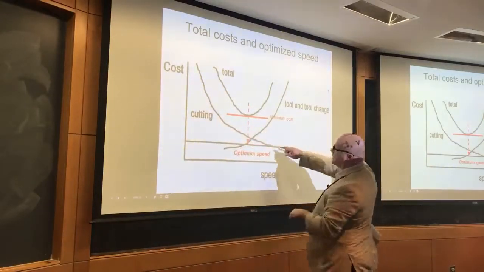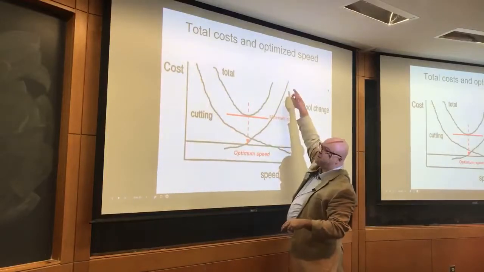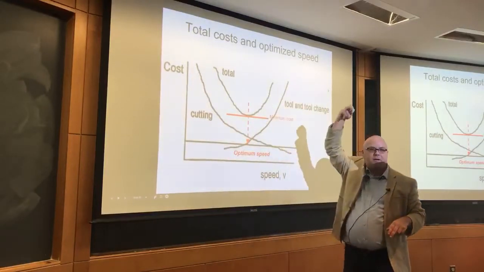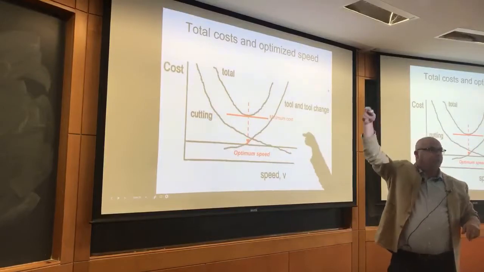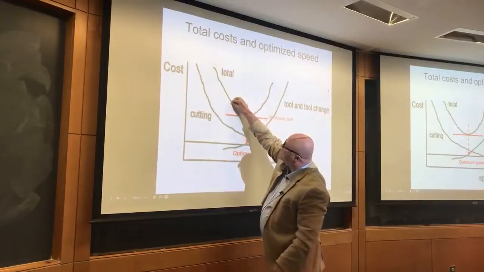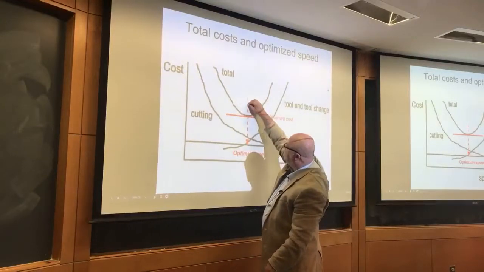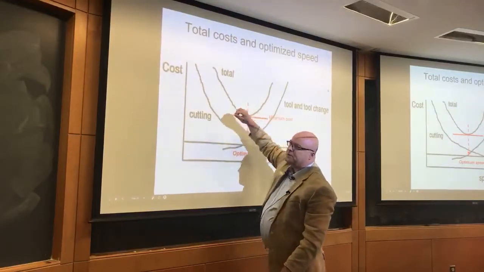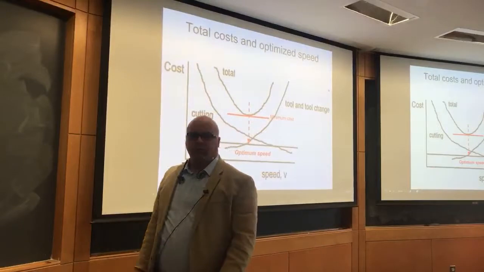The cost of the tool and the tool change goes up as cutting speed goes up, because you have to do the tool changes more frequently. If you plot both of those on the same axis, you can find a local minimum here, and that is the optimum speed at which to run that operation.